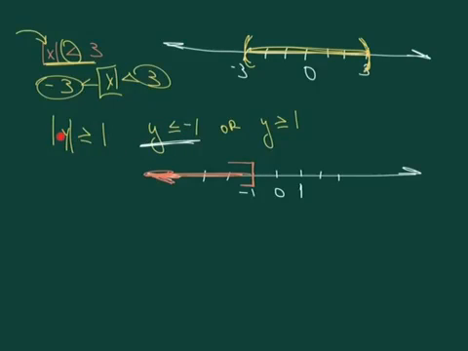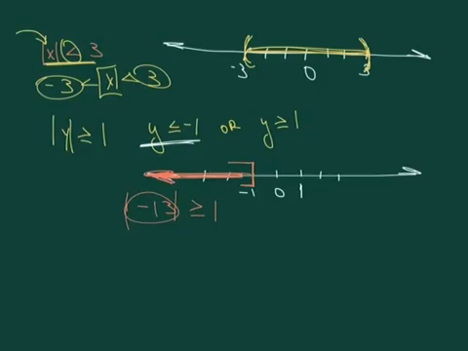It's saying whatever y is, when we take the absolute value, we're going to get a number bigger than 1. Well, let's try one of these numbers over here. Let's try negative 13, because that fits in here. The absolute value of negative 13, is that greater than 1? Yeah, the absolute value of negative 13 is 13. 13 is greater than 1.